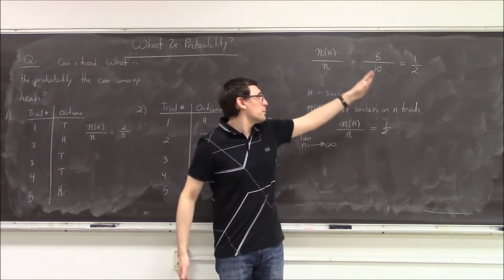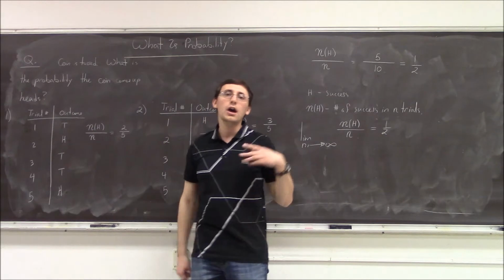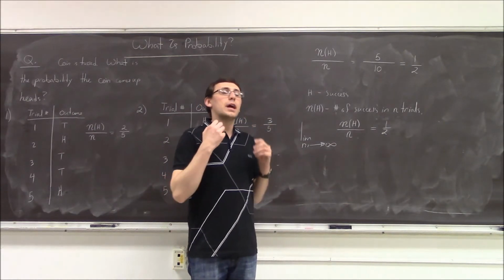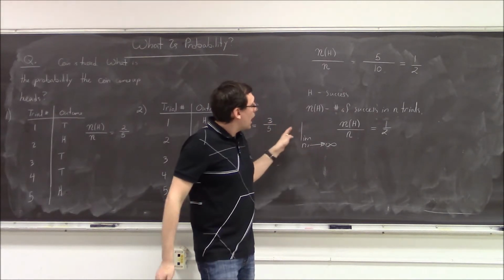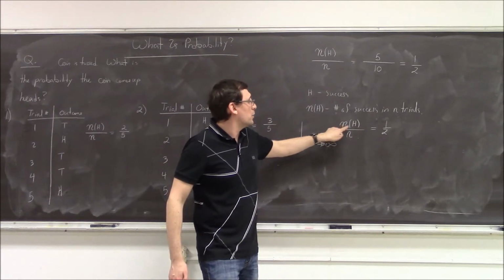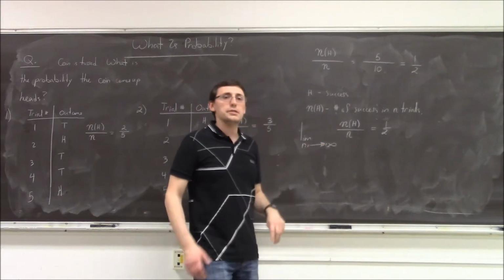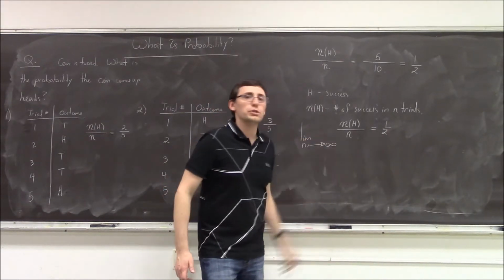A priori, before performing the experiment, I have no clue what would be 1, 2, 3, 4, 5, and onwards. And yet I claim, rather difficult thing to imagine, I claim that I will know the limit of the ratio of the sequence, right? So if I take the number of heads divided by the total number of trials, as the number of trials increase, deterministically now, the numbers will converge to 1/2.